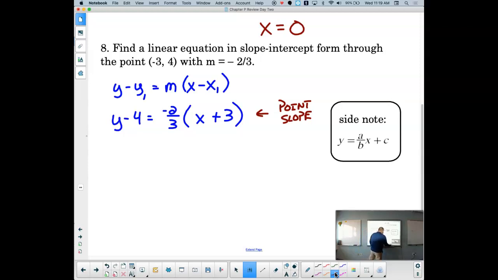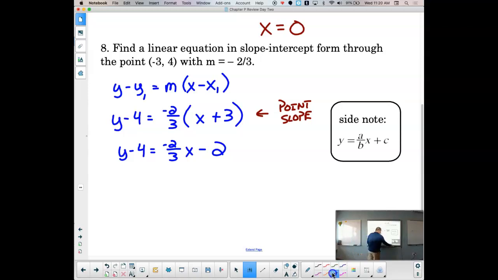To make that become the slope-intercept form, I solve for y. So the first thing that I would do is I would distribute the negative 2/3 into the parentheses. Okay?